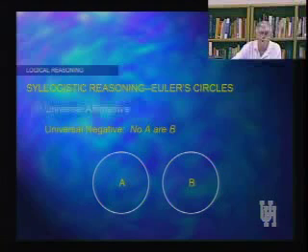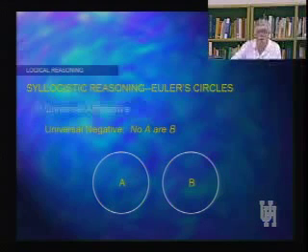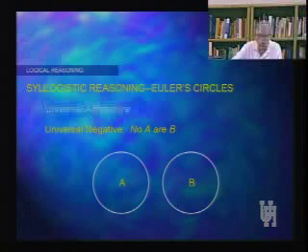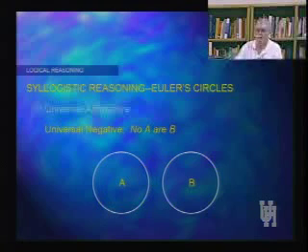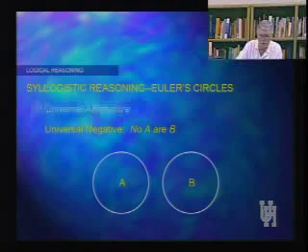If no A are B, then by logical example, given Euler circles, it has to be also true that no B are A. So where all A are B may or may not be reversible, no A are B is totally reversible. If the one statement is true, then you can reverse the A and B, and the statement is still equally true, as indicated by the circles here.